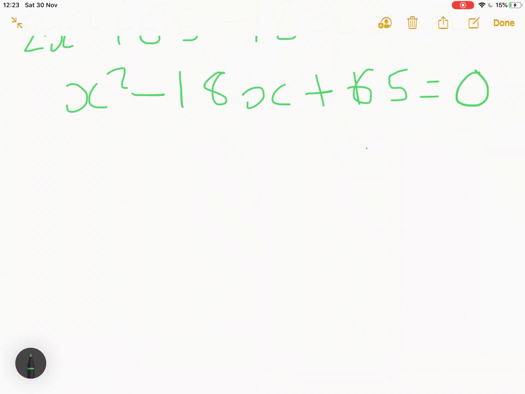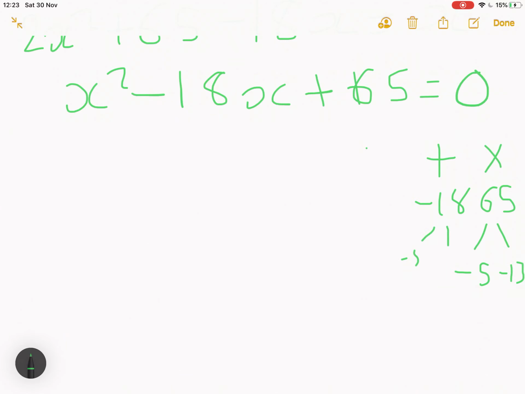So we find two numbers that add to get minus 18 and multiply to get 65. The factors of 65 are 5 and 13. To get them to add to minus 18, both need to be negative, so it'd be minus 5 and minus 13.